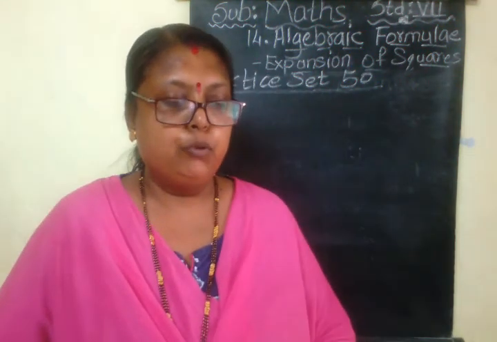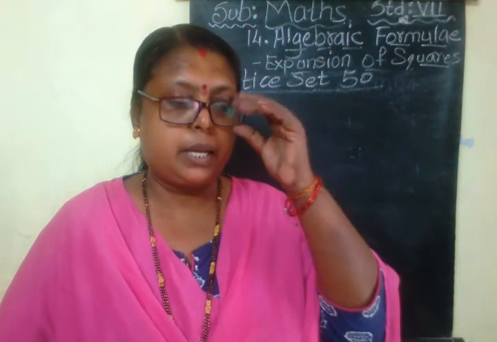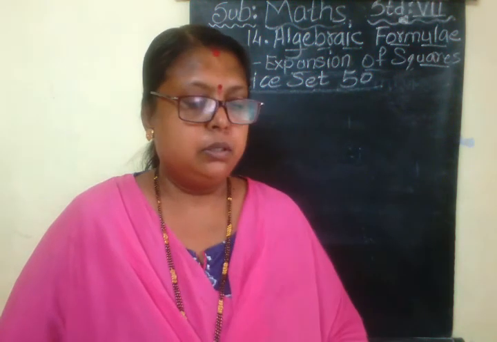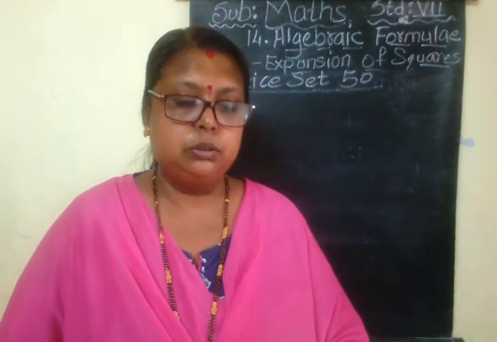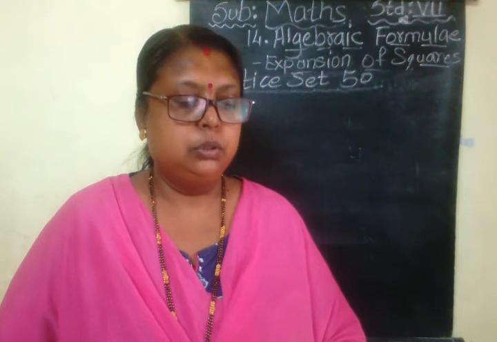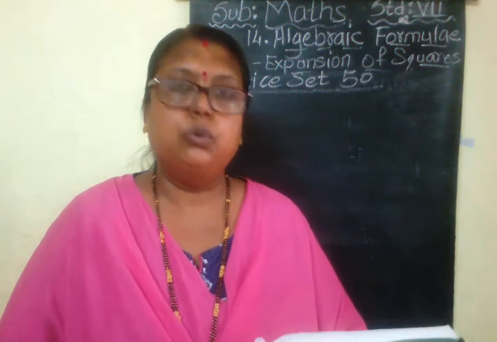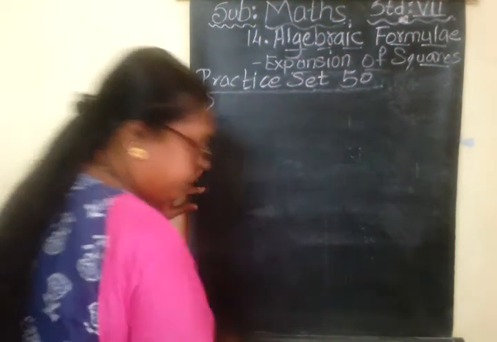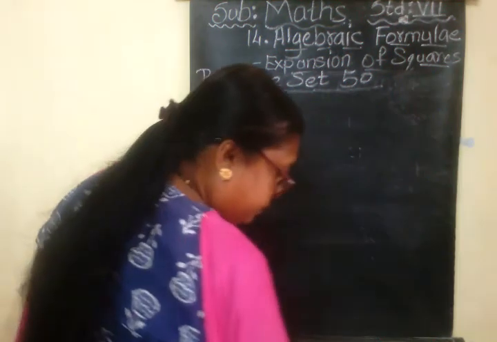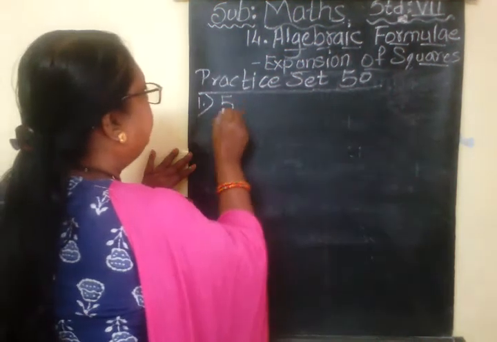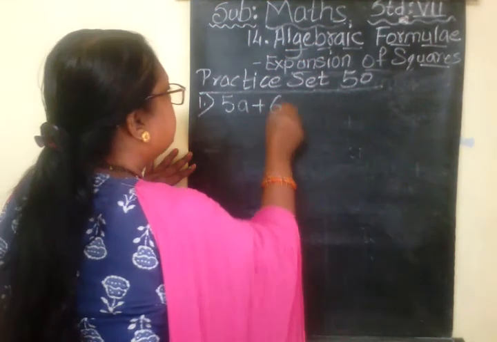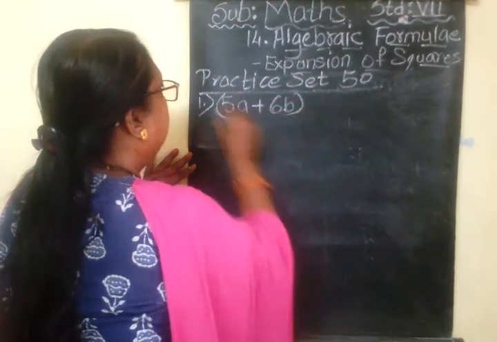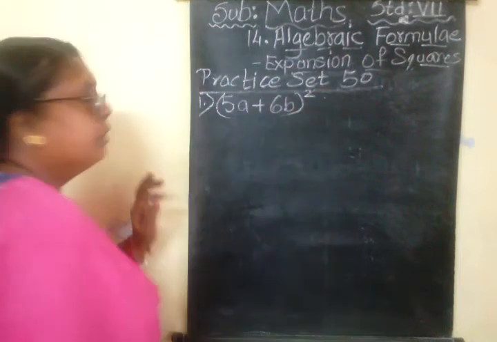So I will be doing 4 sums, in which first, second, third and fourth. The first 4 sums I will do for you people. So see the first sum, the question is 5a plus 6b the whole square.